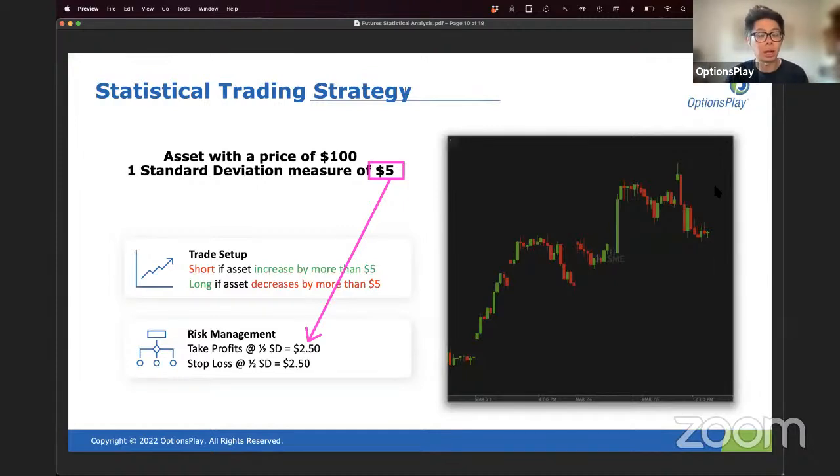So if you have a $10,000 account and you get stopped out on this trade, does that cause a loss that's greater than $200, which is 2% of your account? If the answer is yes, then that means you've traded too many contracts. If it's significantly less than 2%, then perhaps you can add more contracts to that trade. But the rule of thumb is that if you get stopped out based on the number of contracts that you've traded, it should equate to be no more than 2% of your account. So hopefully that clarifies that for you.